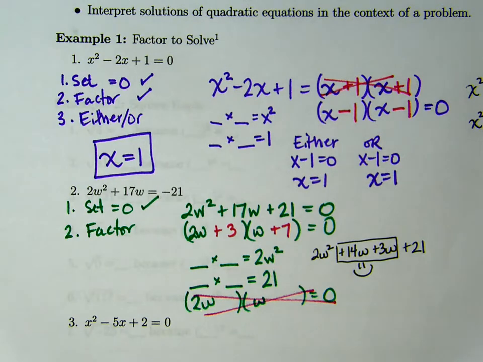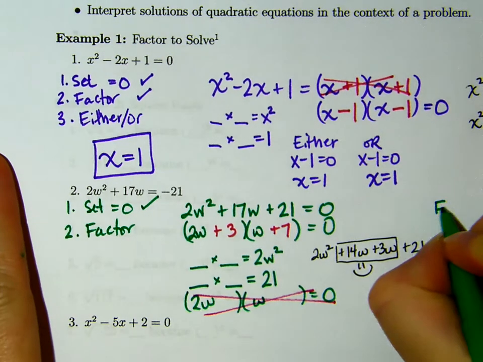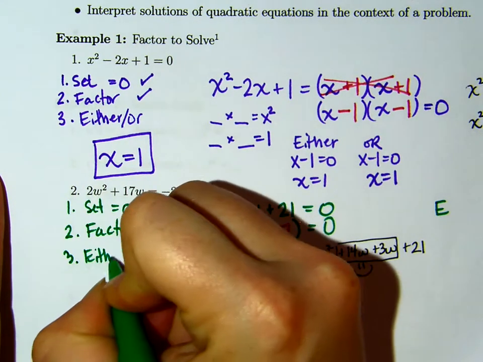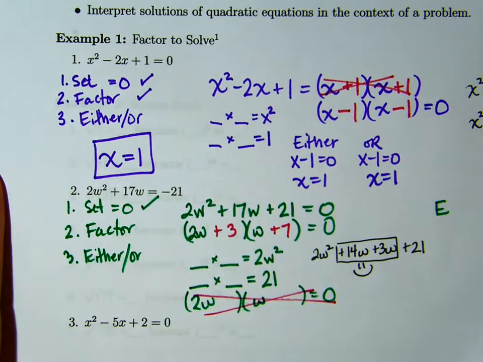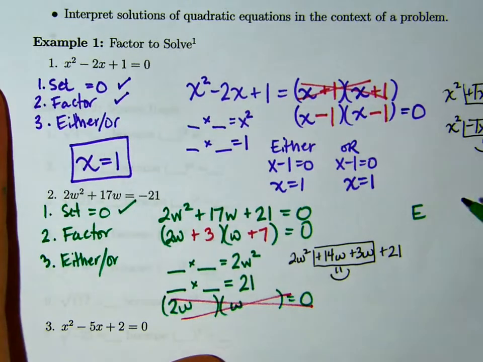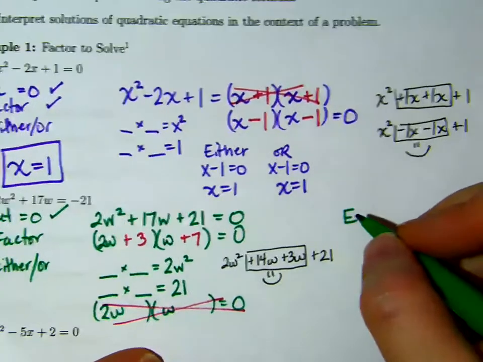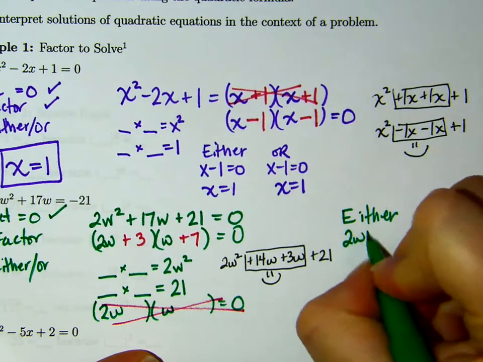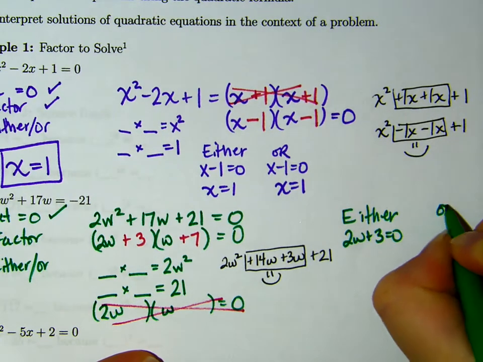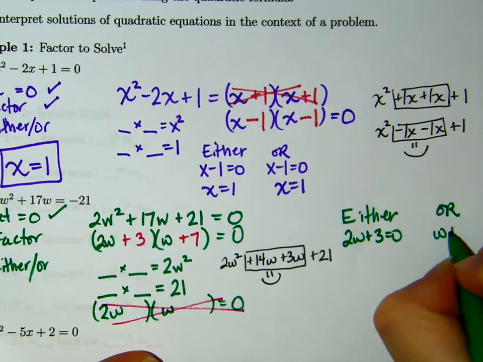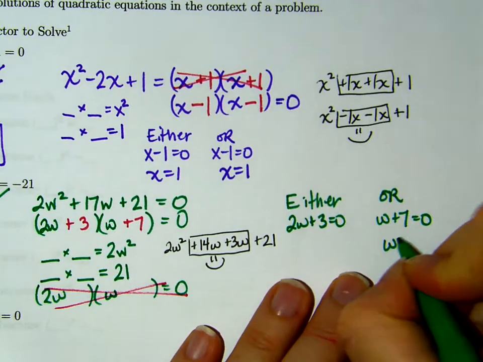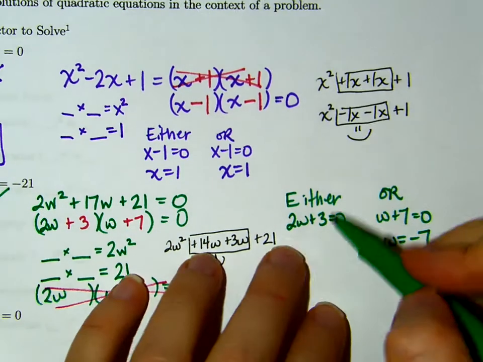So now we know that, step 3, either or, also known as the zero factor property. We know that either 2w plus 3 has to be 0, or w plus 7 equals 0. Well, if w plus 7 equals 0, that's friendly. w equals negative 7.